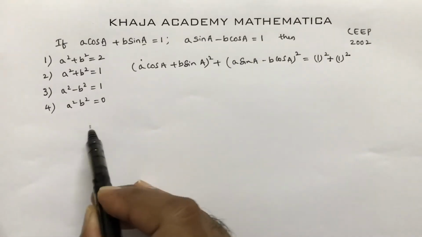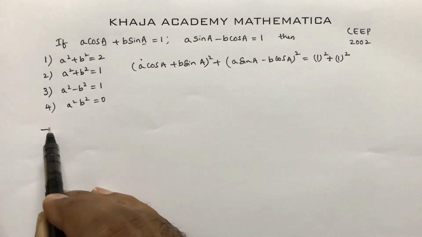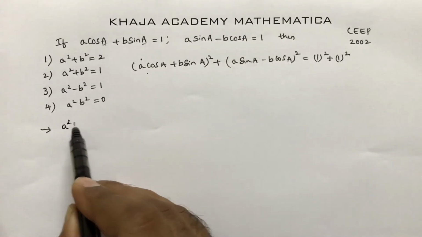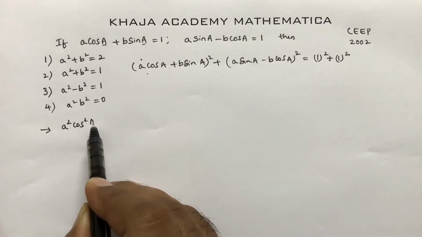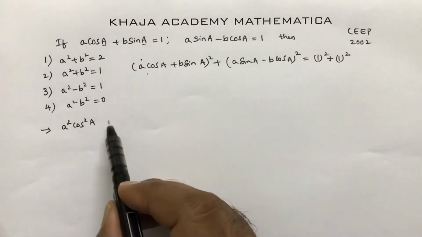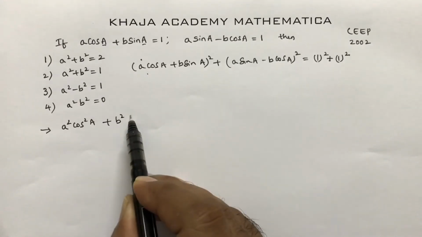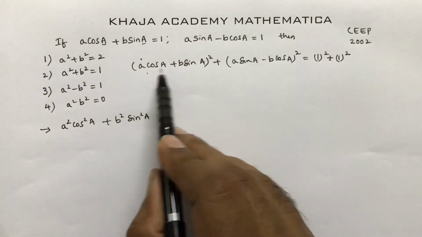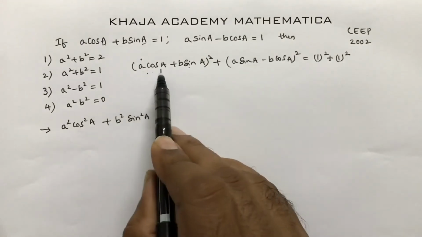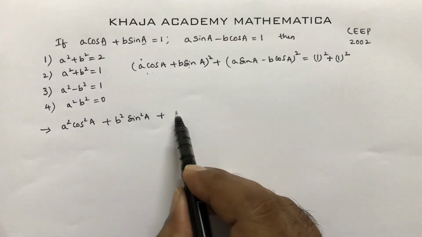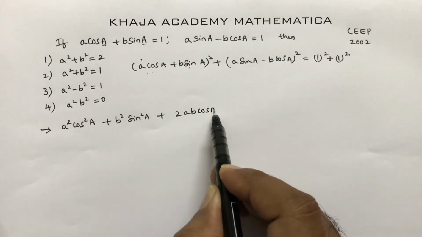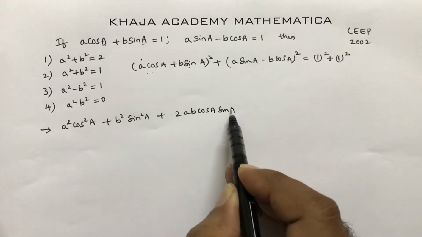Now if I expand, this is a plus b whole square. So a square cos square a plus b square sin square a plus 2ab. So 2 a cos a into b sin a, if you multiply, you will get 2ab cos a sin a.